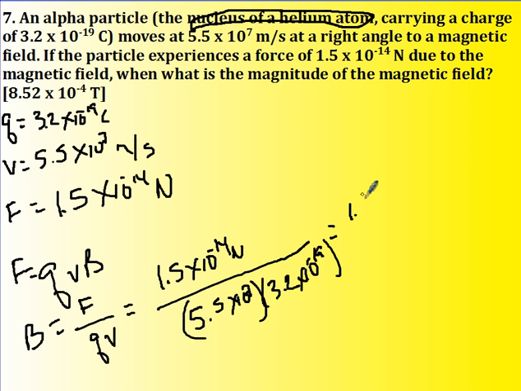So this is going to be 1.5 times 10 to the negative 14. Now multiply these two numbers together. 5.5 times 10 to the 7th times 3.2 times 10 to the negative 19 is 1.76 times 10 to the negative 11.